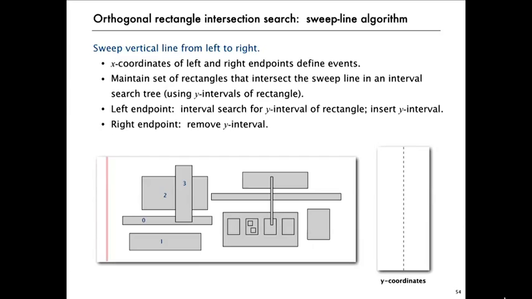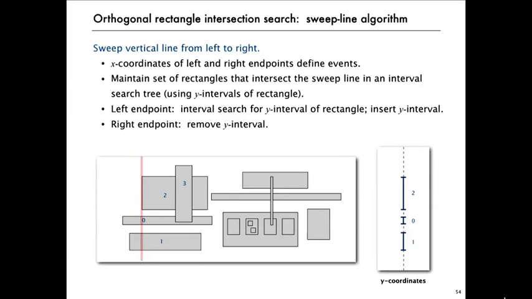Rather than using range search as our basic operation, we're going to use interval search. So now, every time the line sweep hits a rectangle, that corresponds to an interval. If it's the left part of a rectangle, then we put that interval into our interval search tree. So in this case, we put in 0, and then we put in 1, and then we put in 2.